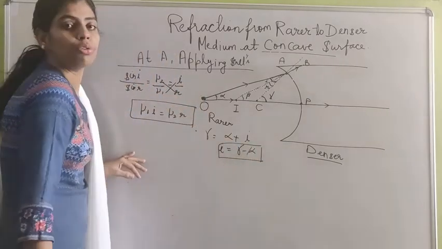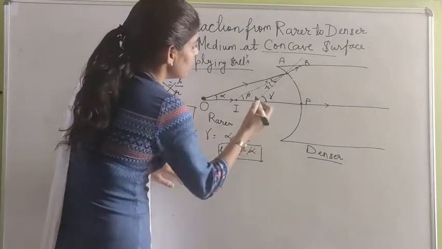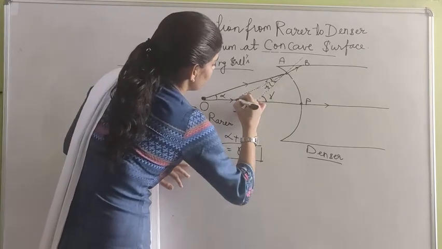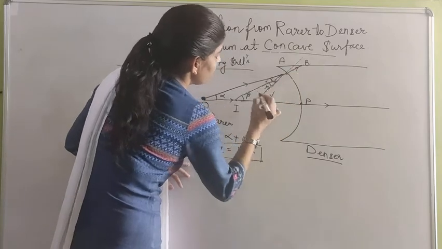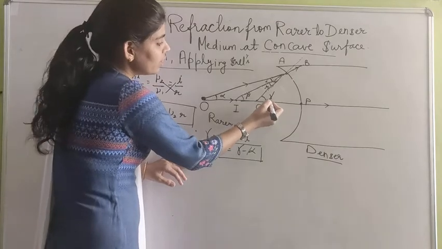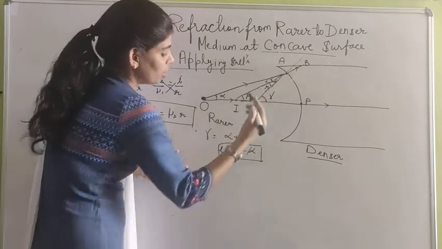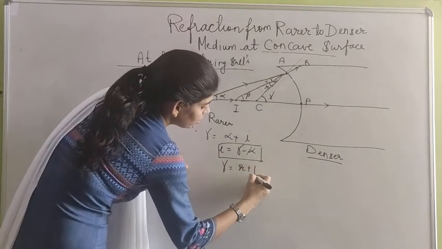In the same way we have to find out the value of R. For R, what can we do? See this triangle AIC. In this, again gamma is your external angle and this is equal to the sum of two internal angles, that means beta plus R. So again gamma is equal to R plus beta.